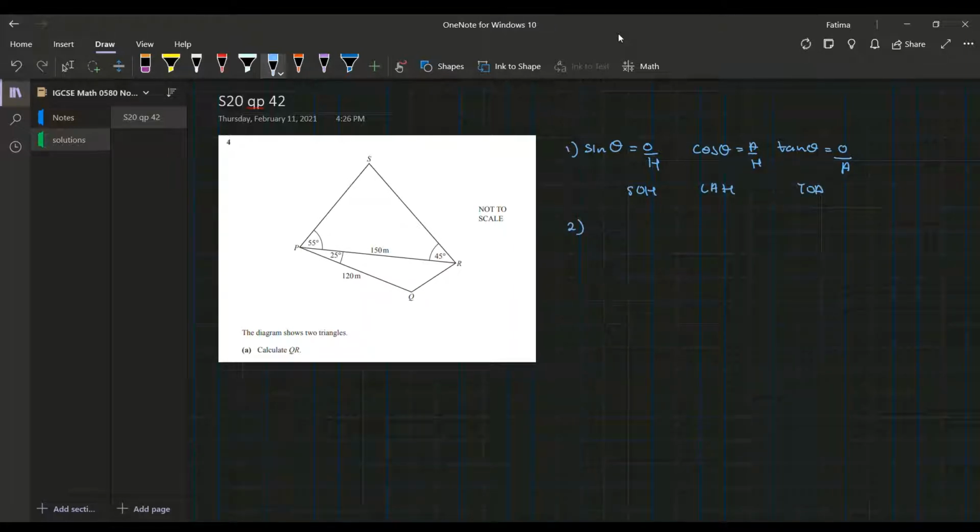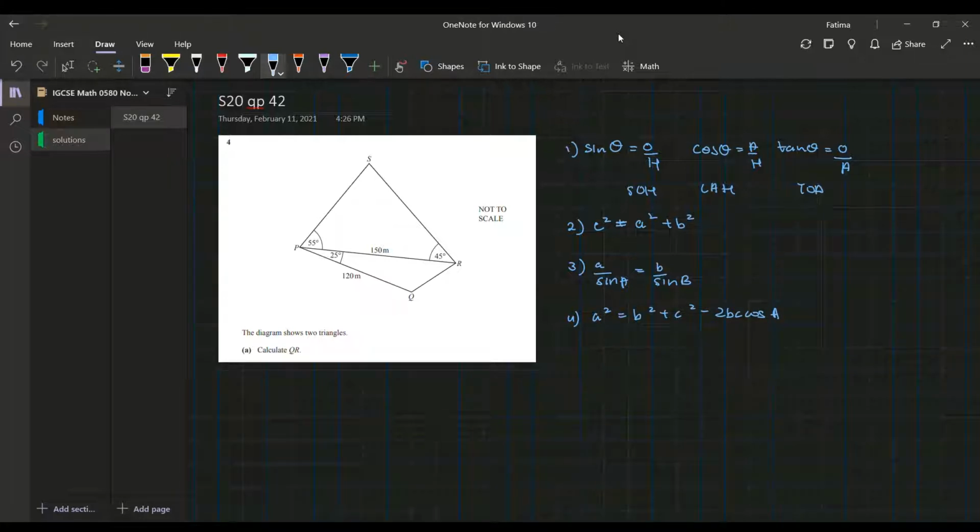Then our second approach would be the Pythagoras theorem, which is c square is equal to a square plus b square. Our third can be a upon sine A is equal to b upon sine B, which is our sine formula. And our fourth approach is our cosine formula, which is a square is equal to b square plus c square minus 2bc cos A.